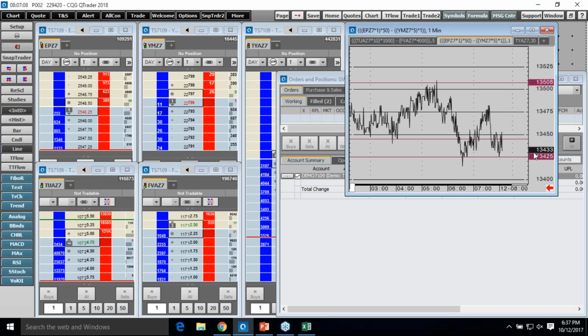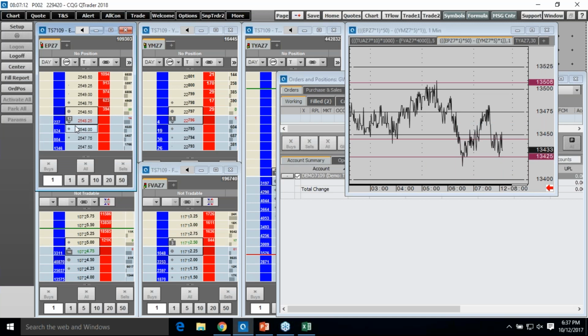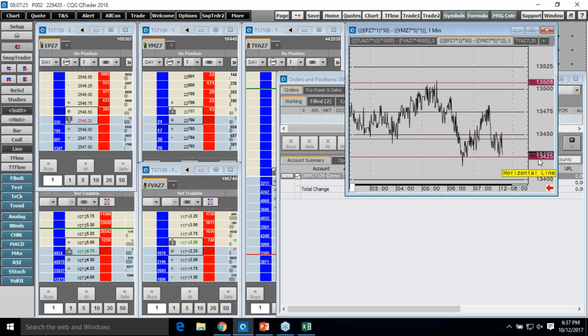So the markets are now approaching 13,433, which means that if I buy S&P and sell Dow Jones, then I will create a long position on this spread, which is the two-legged spread. And a lot of the times you may not actually get the price that you see on the chart here, because it may require you to buy at a bid price and sell at an ask price, and they may not really happen instantaneously. So you might end up taking a leg risk.